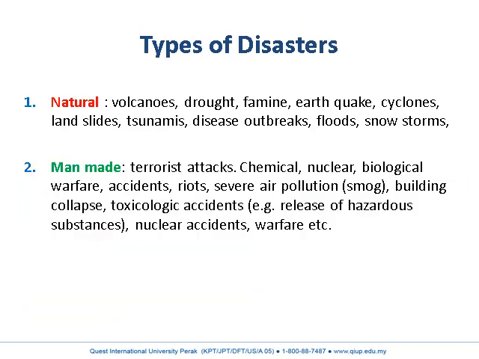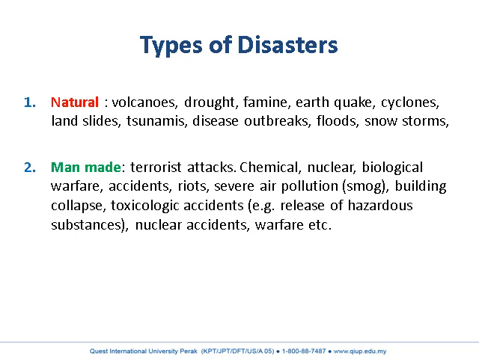These are the types of disaster: natural disaster and man-made disaster. Natural disaster, as all of us know, there are so many natural disasters: volcanoes, drought, famine, earthquakes, cyclones, landslides, tsunamis, disease outbreaks, floods, snowstorms, and all.